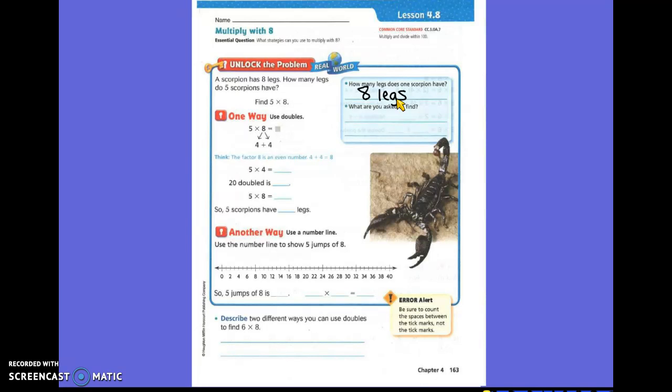And then what were you asked to find? How many legs do 5 scorpions have?